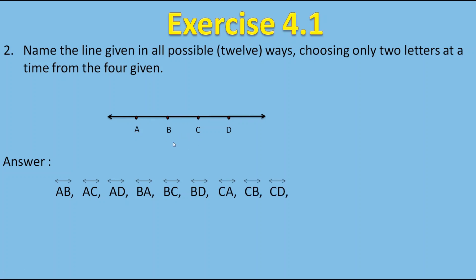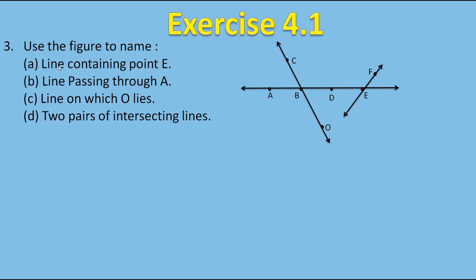Now DA, DB, DC. So here there are 12 possible ways which we use to name this line. Let's count: 1, 2, 3, 4, 5, 6, 7, 8, 9, 10, 11, 12. Okay, so now let's move to the next question, that is the third one.